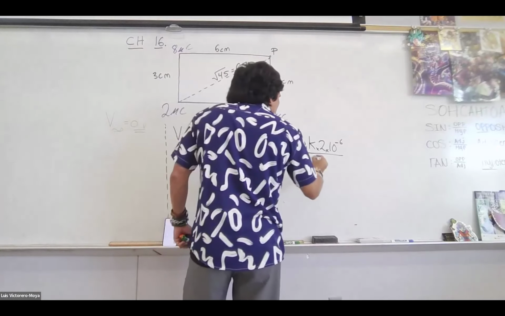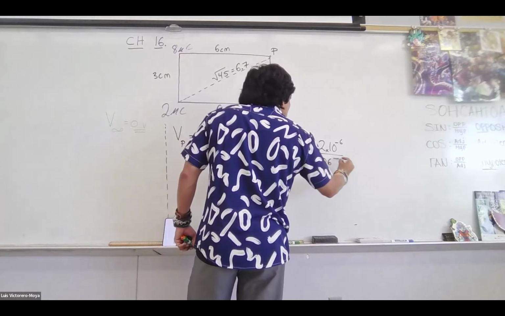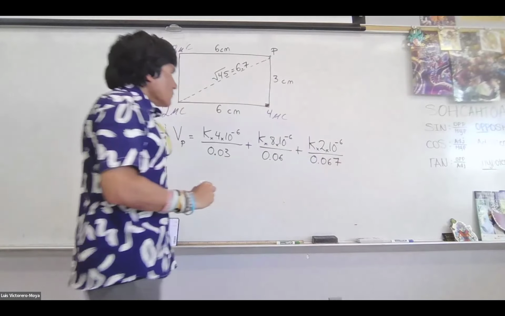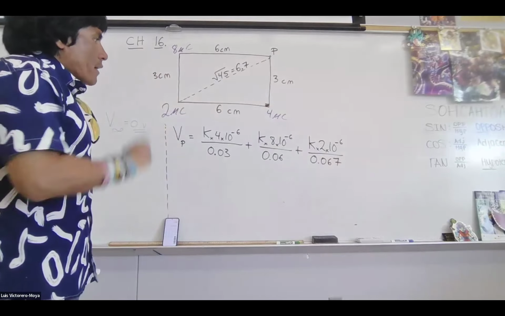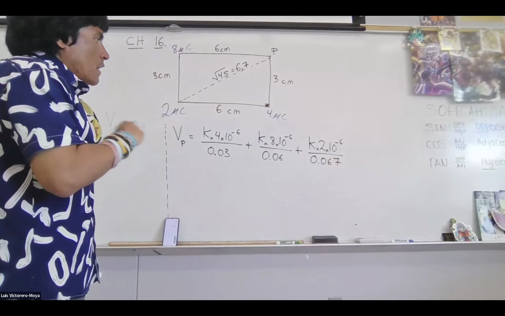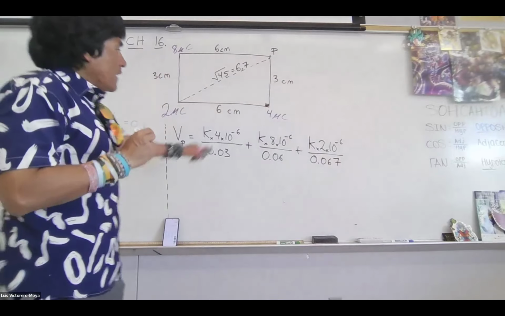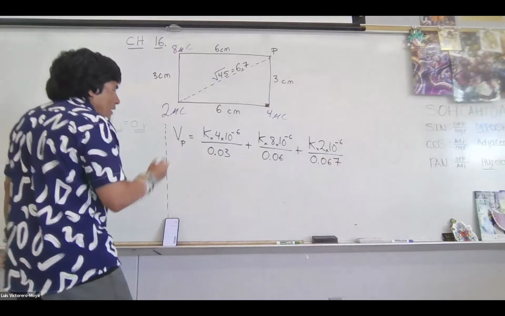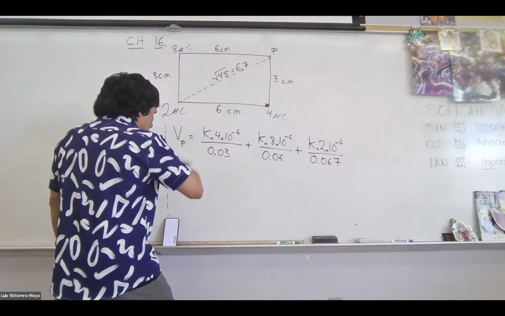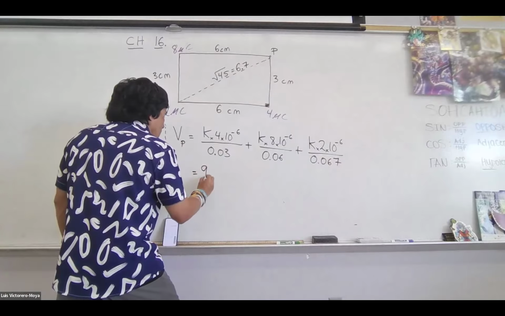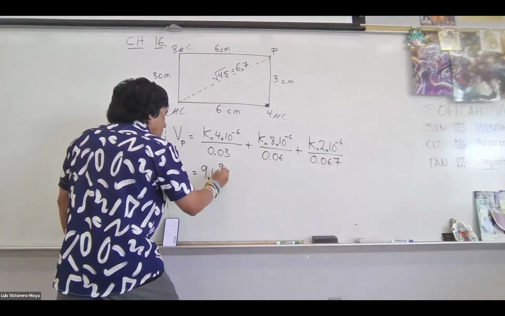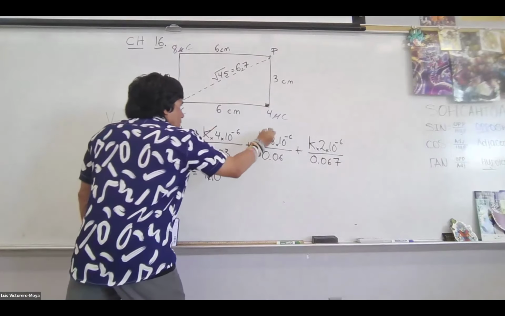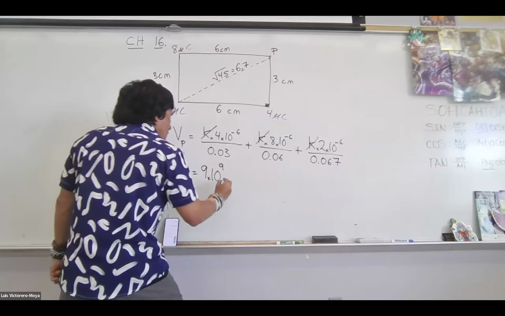So this will be 0.067. K is a common variable, and 10 to the negative 6. So why do I write it like that? Because I can pull K out, which is 9 times 10 to the 9. That's K. And 10 to the negative 6.